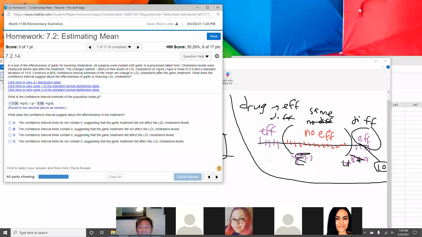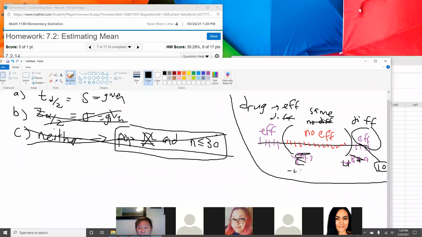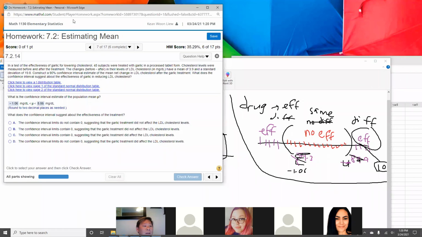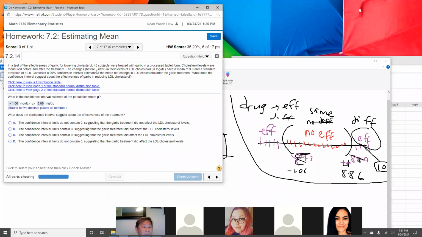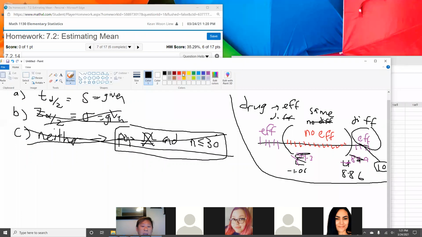So this is negative 1.06, and this is 8.86. And they're asking for what? 0, right? So can someone tell me where 0 is in this confidence interval? Inside or outside? Inside.